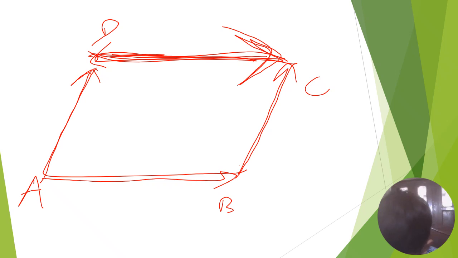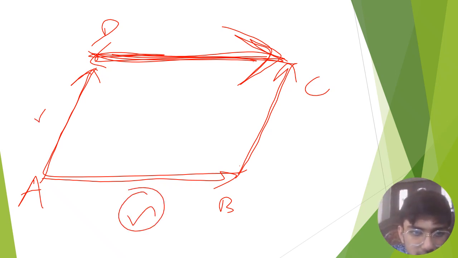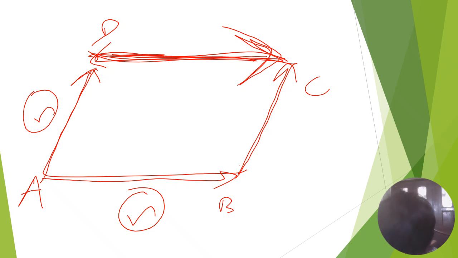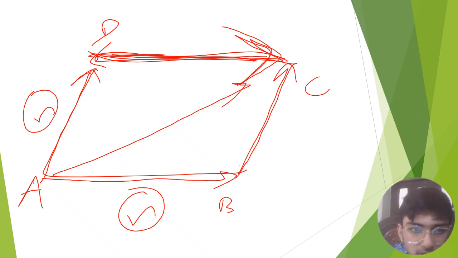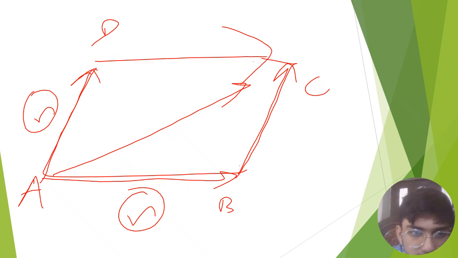This vector is given to us, this vector is also given to us, and the projection is on the diagonal AC. Let me make this diagram more clear to you.